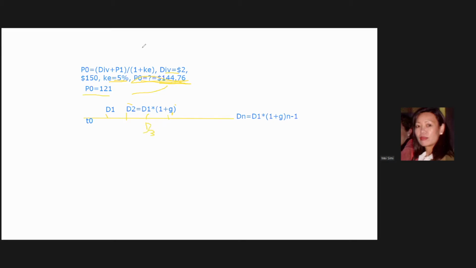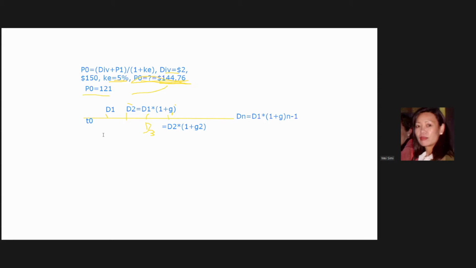So D3 is equal to D2, right? Always growing from the previous one. So multiply by 1 plus G2, okay? Then going forward forever, meaning indefinite. You can even go to 3 stages, but let's just go to 2 stages. Then you get a sense of what's going on.